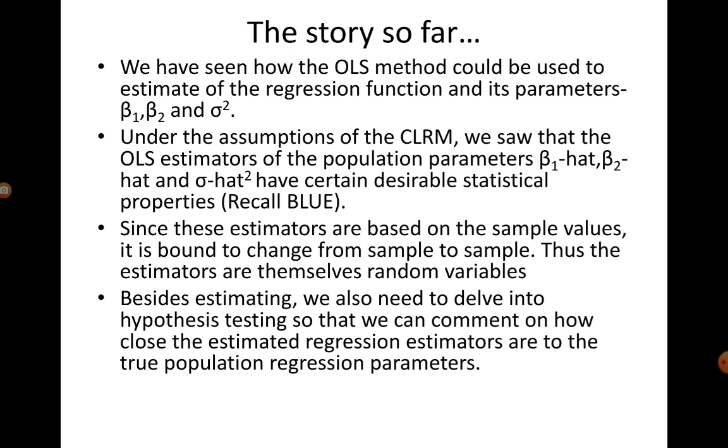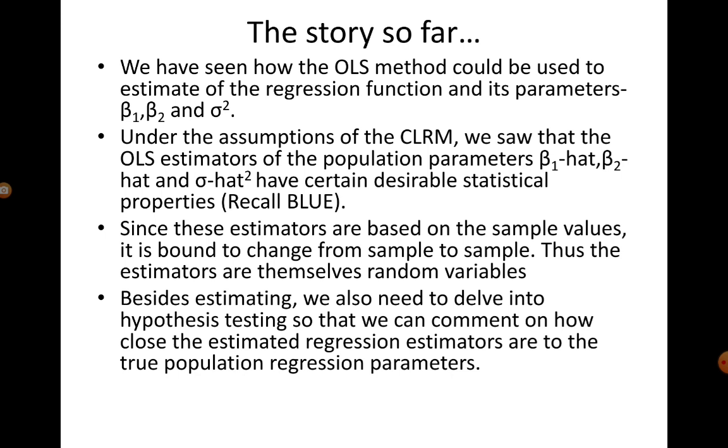But when we need to do some sort of hypothesis testing so that we can comment on or predict based on the estimated regression model, we need to make some additional assumptions regarding the distribution of these estimators, beta 1 hat, beta 2 hat, sigma hat square, and so on. Right?